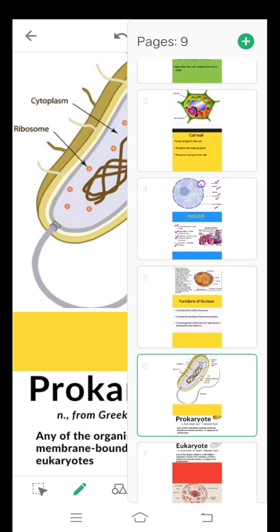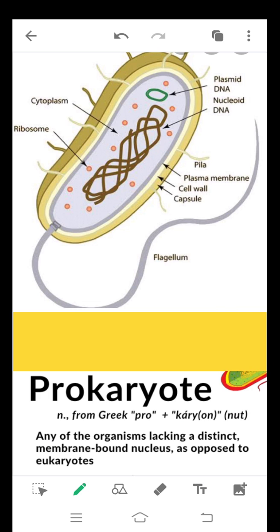Depending upon the type of nucleus present, there are two types of organisms called prokaryotes and eukaryotes. As you can see in this figure, this is a picture of a bacteria. Here, this part is the nucleus of the bacteria. As you can see, there is no outer boundary of the nucleus.